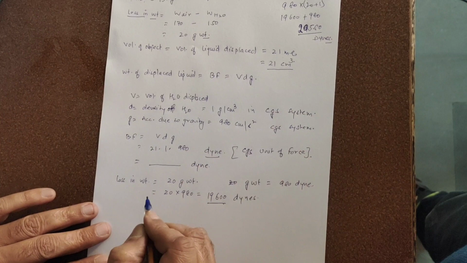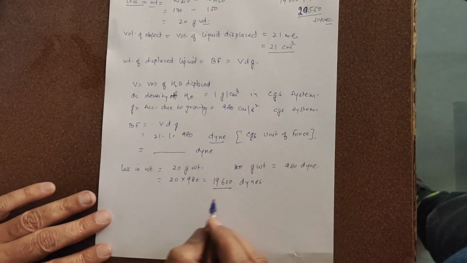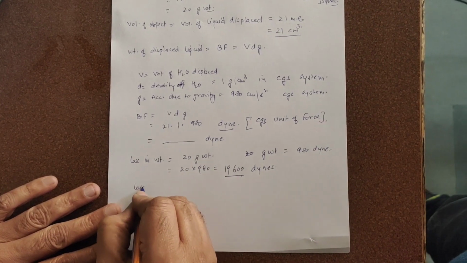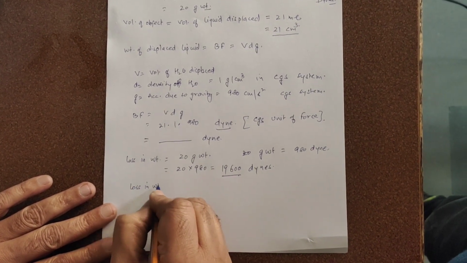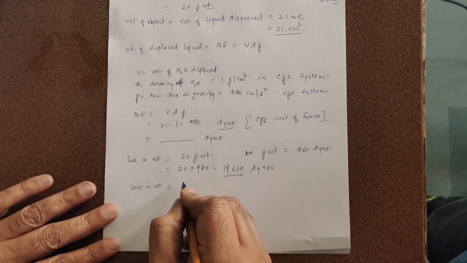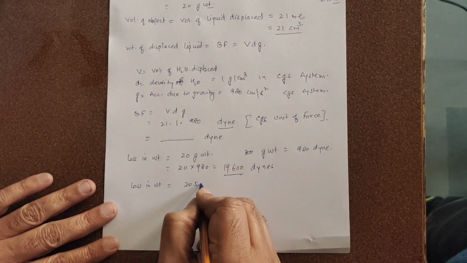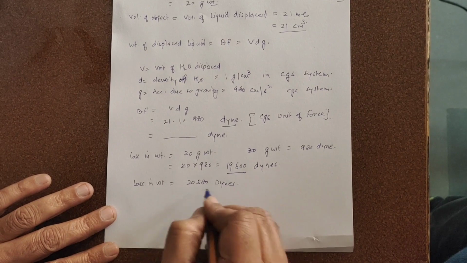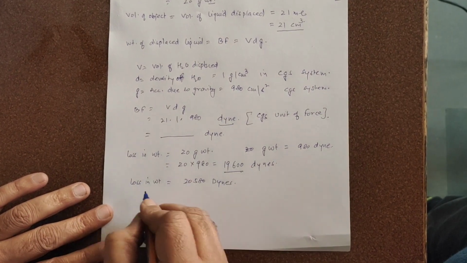It is 20580 dynes. So the loss in weight is 19600 dynes. Now we have to find its relation.